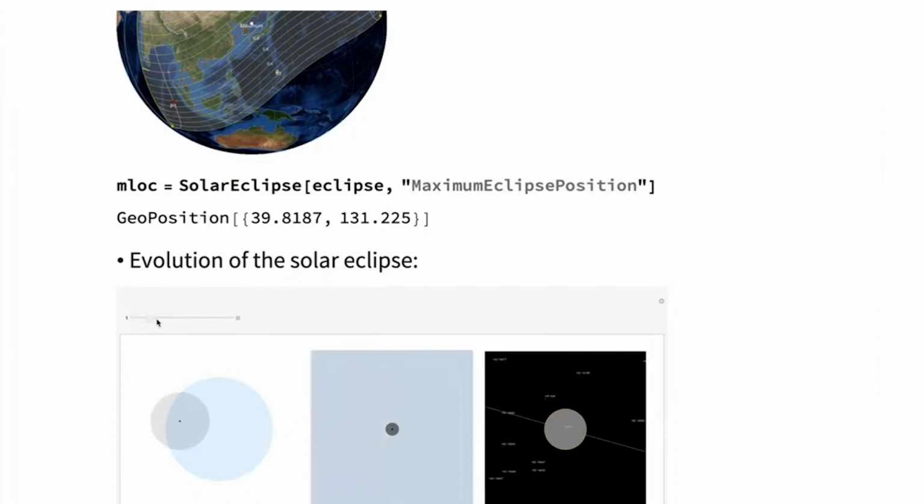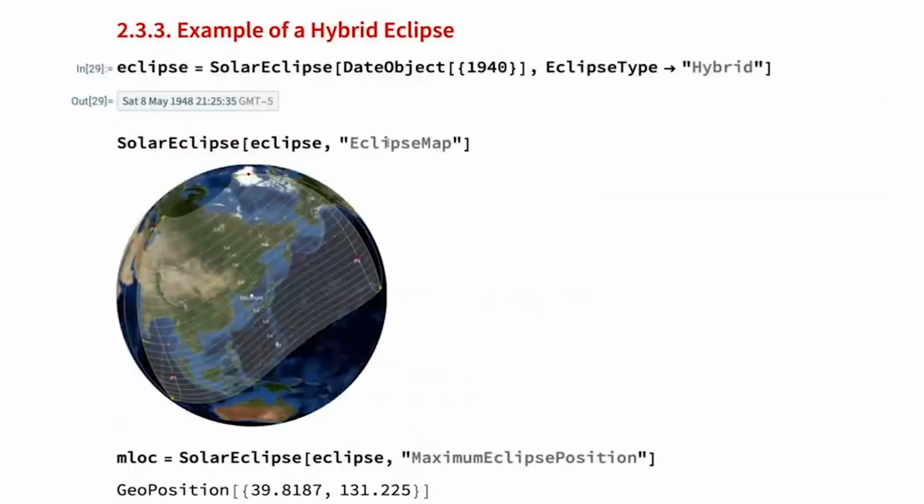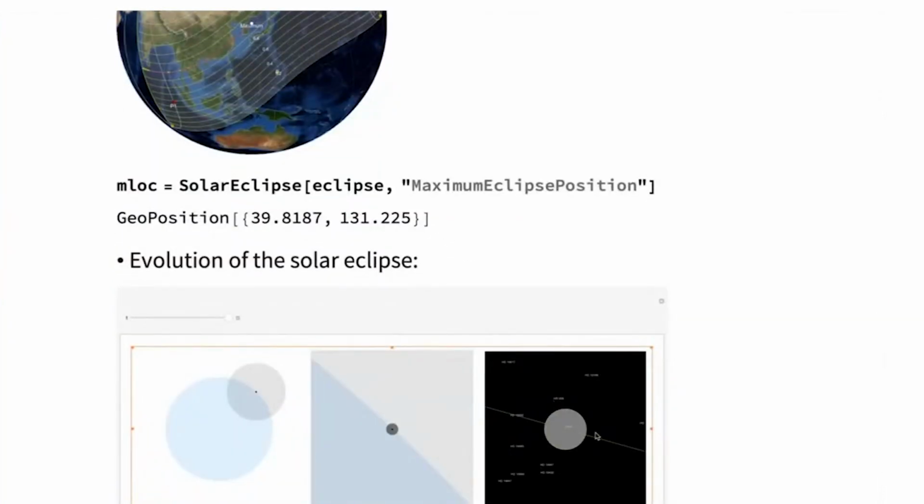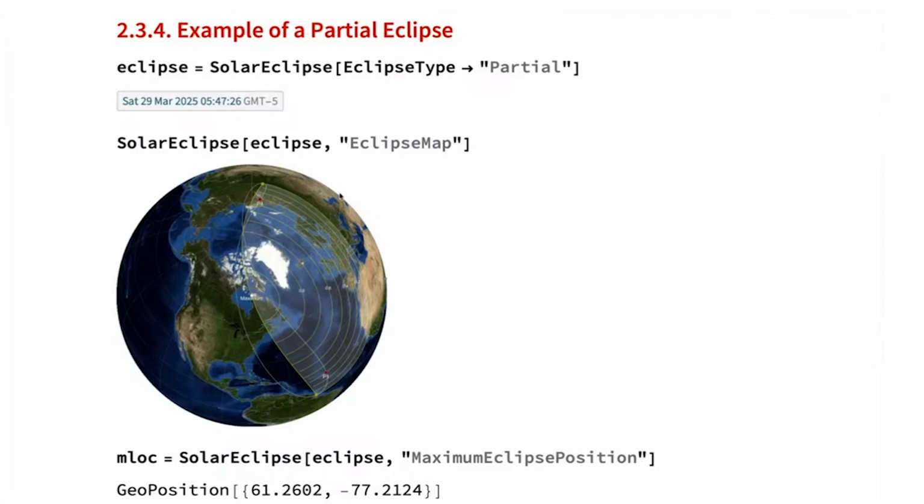Then as the eclipse proceeds, and we are here in the middle, now the moon covers fully the sun, so we are in totality. And then at the end, it may happen, and it did happen in this case, that we see an annulus again, right? So hybrid here means it's annular near the beginning and the end, and total at the center of the eclipse, right?